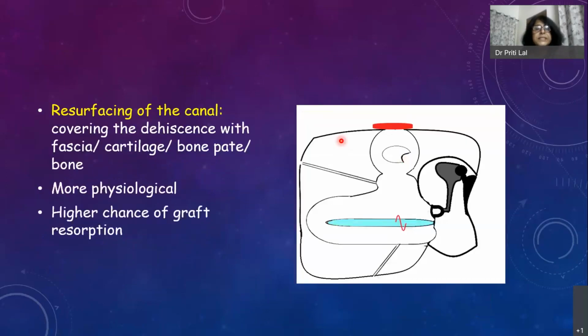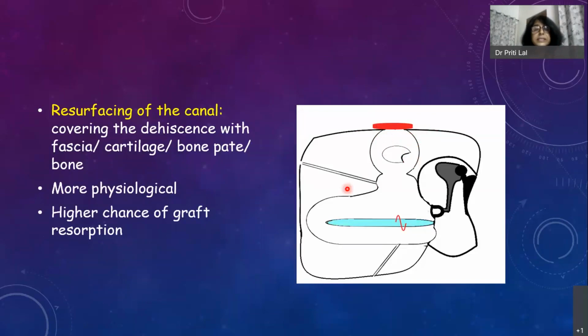Now, in resurfacing of the canal, we cover the dehiscence with fascia, cartilage, bone pate, or bone, and thereby seal this defect and seal the semicircular canal from the cranial cavity. This is a more physiological procedure because the integrity of the canal is maintained.